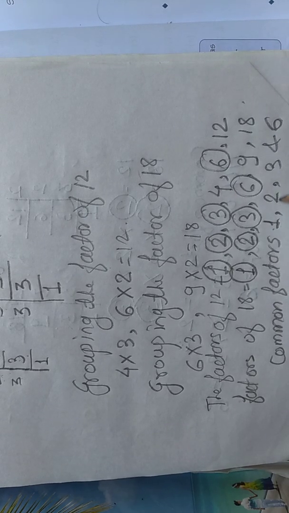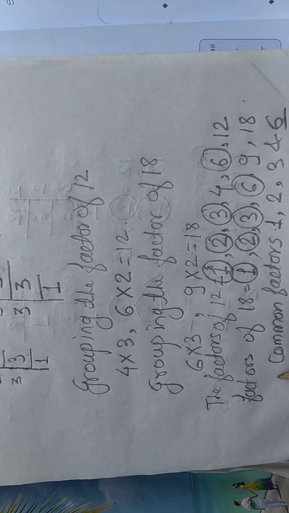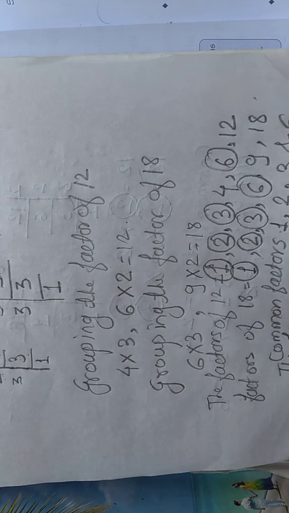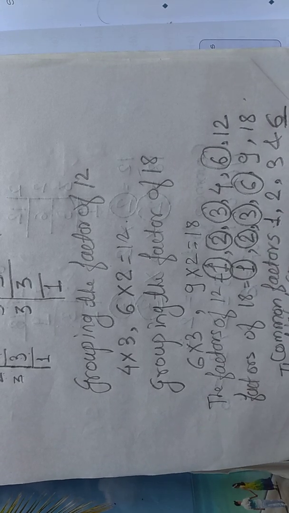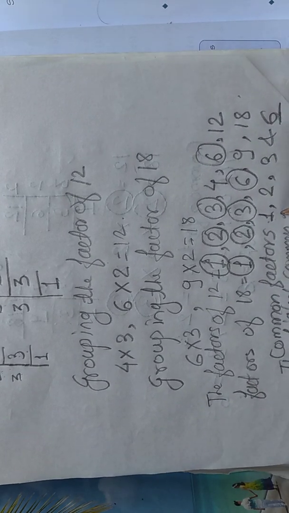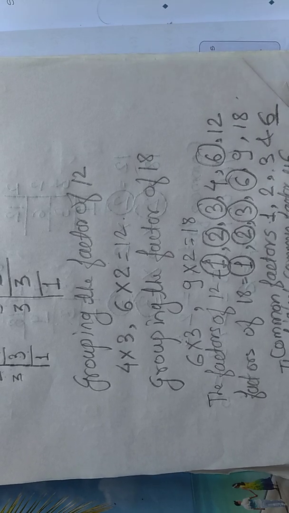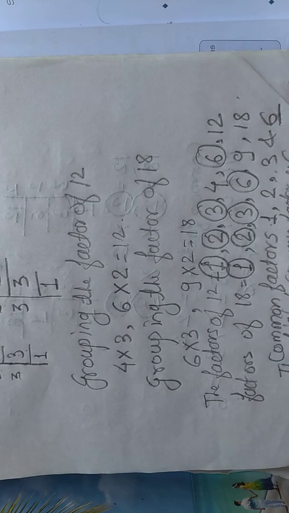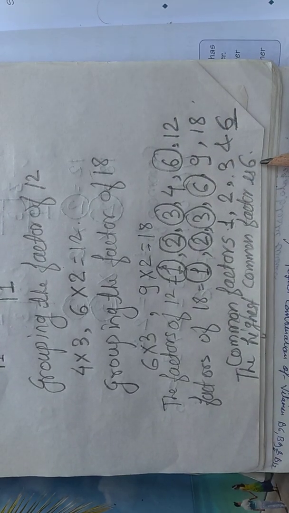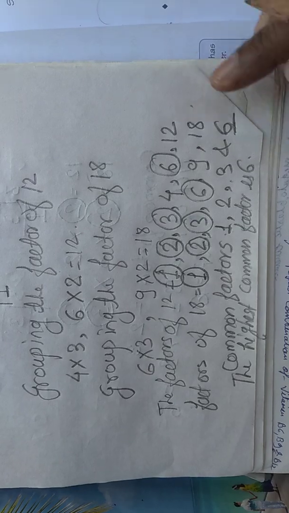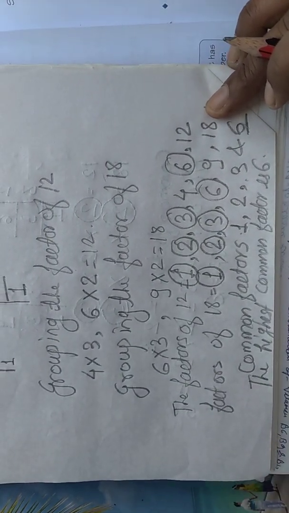Out of these 4 factors, 6 is the greatest. So the highest common factor is 6. In this way we find the HCF by using the grouping of the factors method.